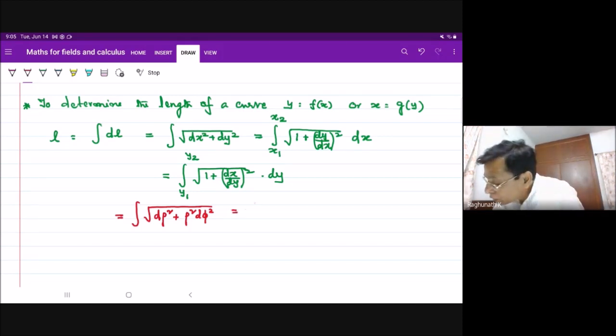This is equal to integral phi 1 to phi 2.